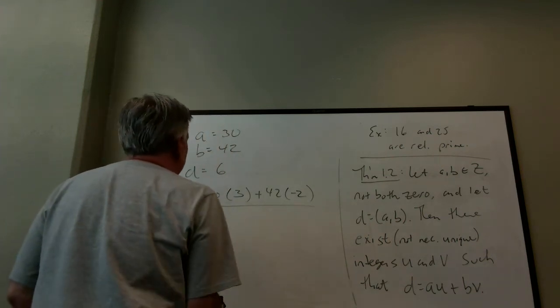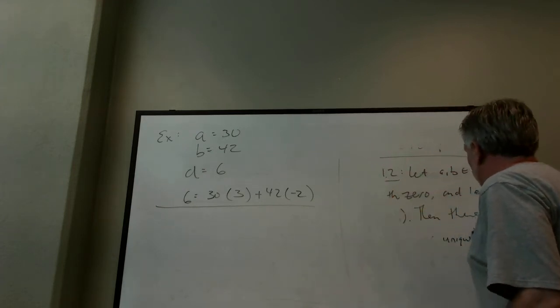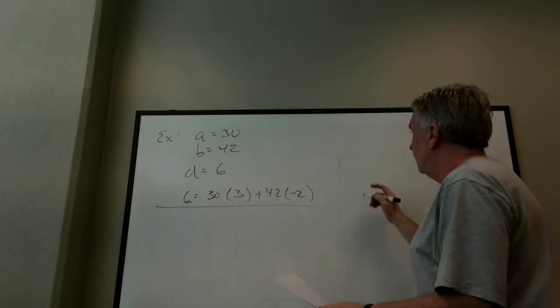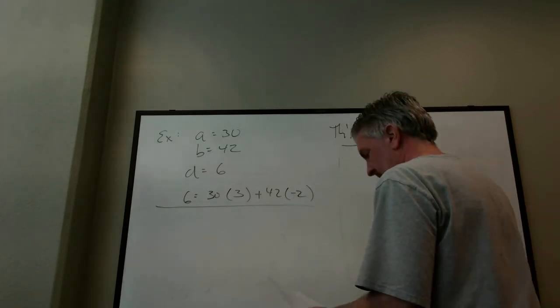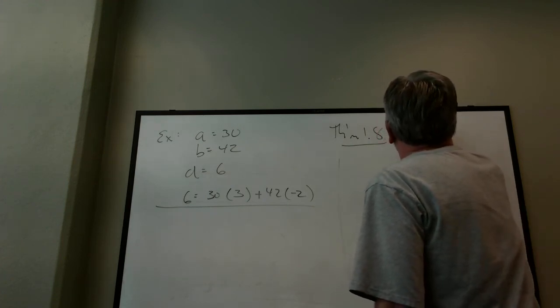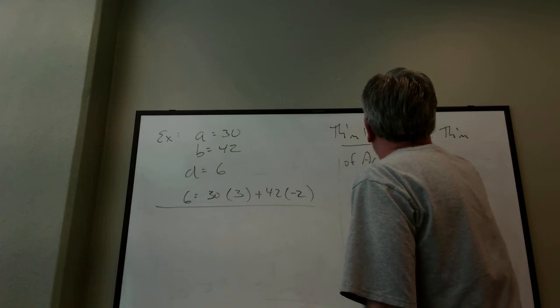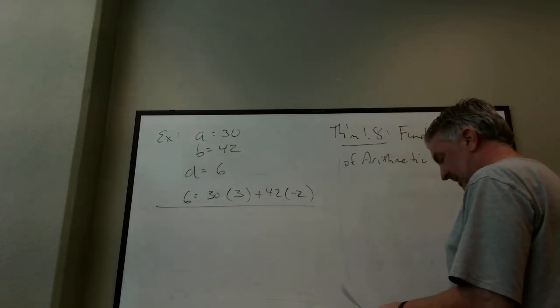Okay, then lastly here, just one of the theorems to mention, which again I know you know. This is theorem 1.8, which is called the fundamental theorem of arithmetic. Those in history and math last semester have seen this.